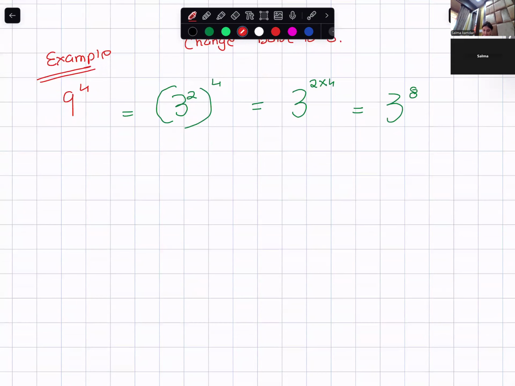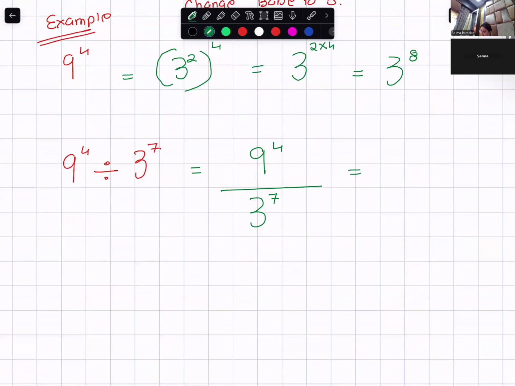Take another example. 9 raised to 4 divided by 3 raised to 7. You have to solve this. You have to make the base same. So this will be 9 to the power 4 divided by 3 to the power 7. 9 can be written as 3 squared over 3 to the 7, and to the power 4 would go over here.